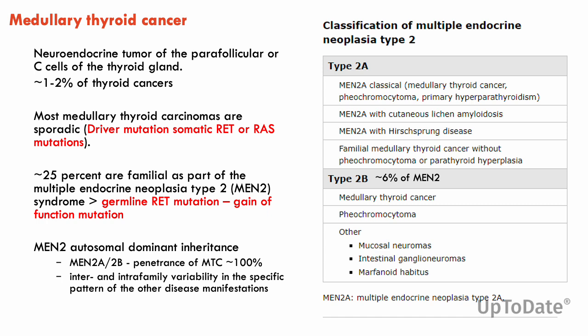Whereas type 2B, which is a rarer form of MEN2, does not have hyperparathyroidism, but usually has a more aggressive and earlier onset form of medullary thyroid cancer. It's important with these classifications to know that there can be quite a lot of inter- and intra-family variability in how these diseases present, in the age and also the stage of the disease.